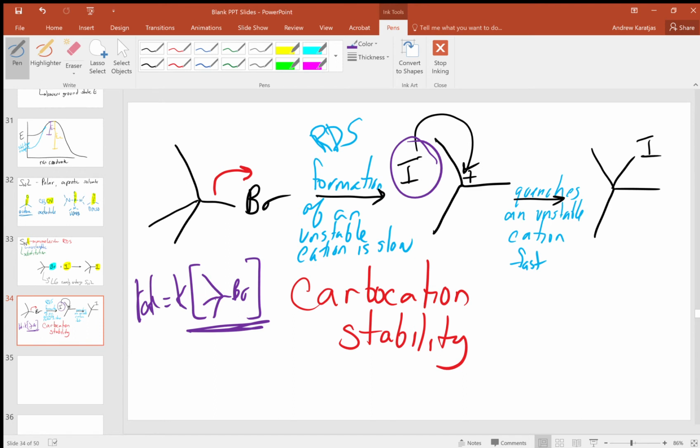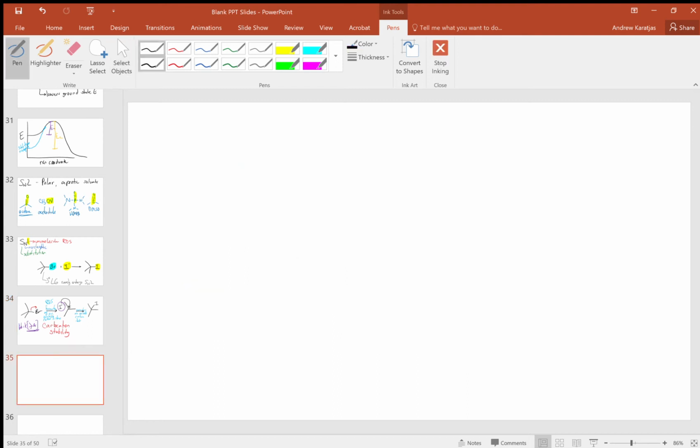But that's our basic SN1 reaction. Leaving group leaves in the first step, forms a carbocation, and then the carbocation gets attacked by a nucleophile to form the product. Alright, now what are the things that affect an SN1 reaction?